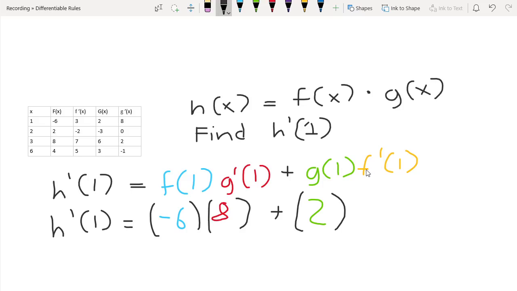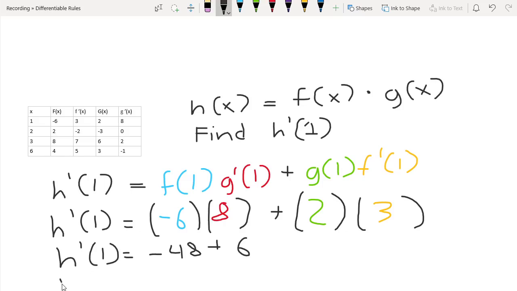And f prime of 1 is equal to 3. So if we simplify this now, we will get h prime of 1 is equal to -6 times 8 is -48, plus 2 times 3 is 6. So if we simplify this again, we get -42.